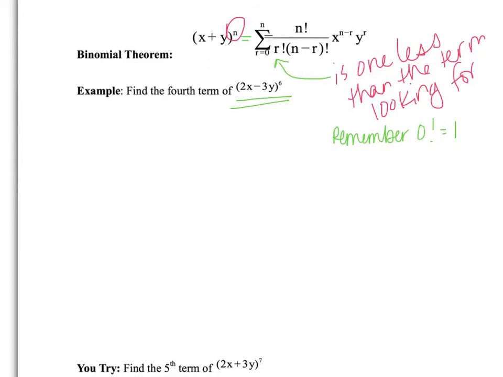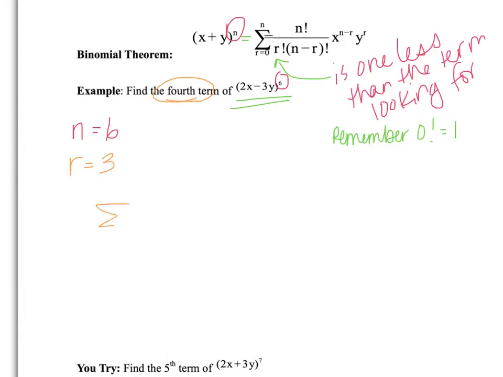So what we need to know is that n in this case is 6. That's the value it's being raised to. R in this case is 1 less than the term you're looking for. You're looking for the fourth term, so r is going to be 3. So what you're going to do is write out this summation formula.